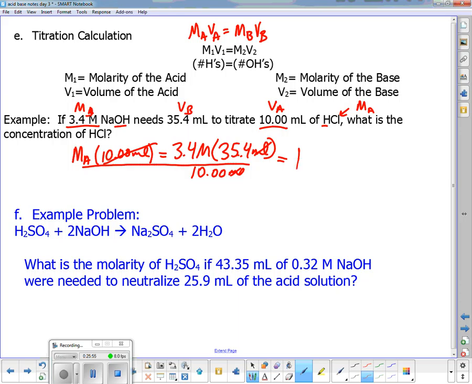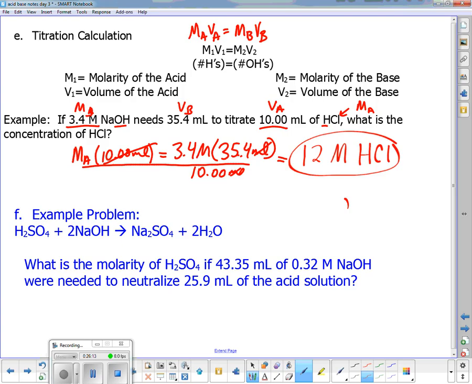Okay, 12.036. So we had two significant figures, so that'd be 12. That's molarity, and I would put HCl to finish the units, and I'd be done.